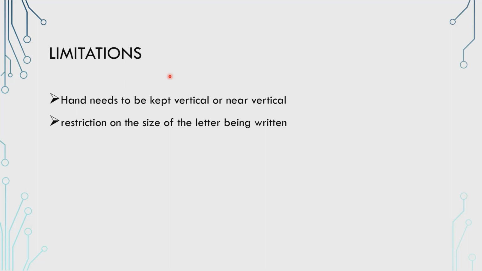It was also observed that when an alphabet is written too small, the character recognition system does struggle to predict the letter being written. So these are things that can be addressed in a future study or in an update to the system.